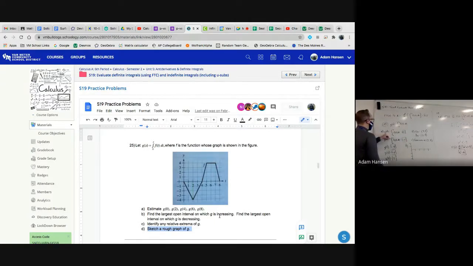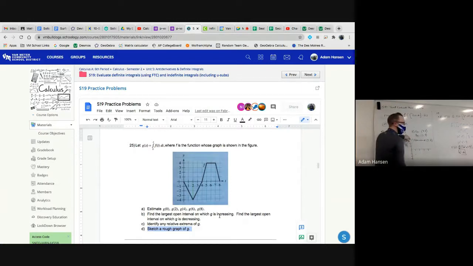At x equals 0, g of 0 is 0. At x equals 2, g of 2 is negative 5. At 4, we have negative 8.